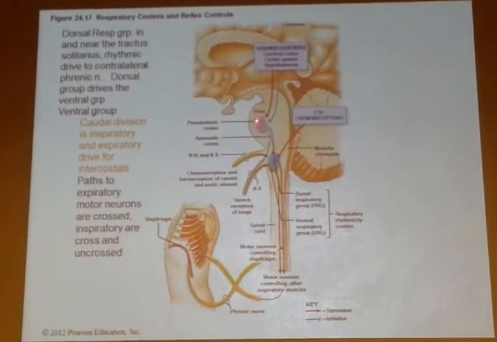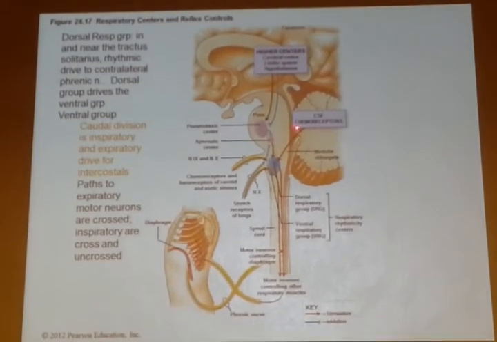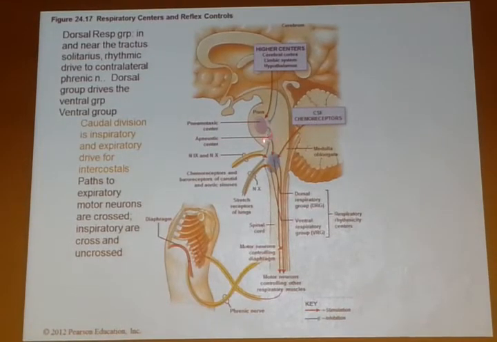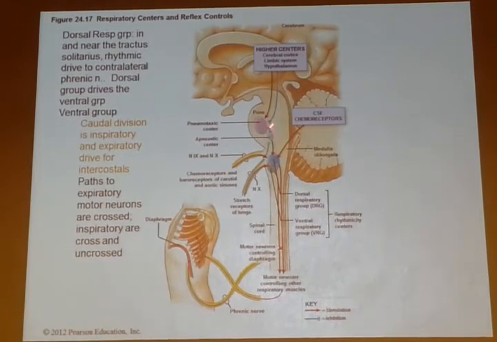If you excite your pneumotaxic center, then it's going to be a stronger inhibitor of the apneustic center. The apneustic center then is going to be less excitatory of your rhythmicity center, and your respiratory rate will go down.